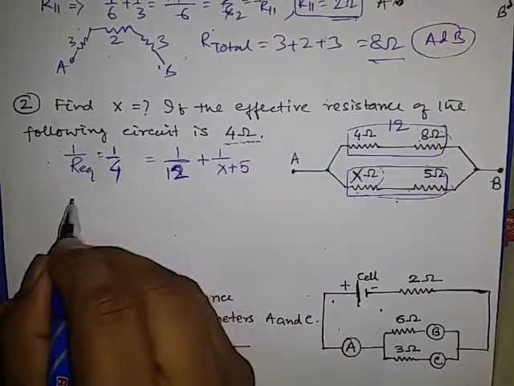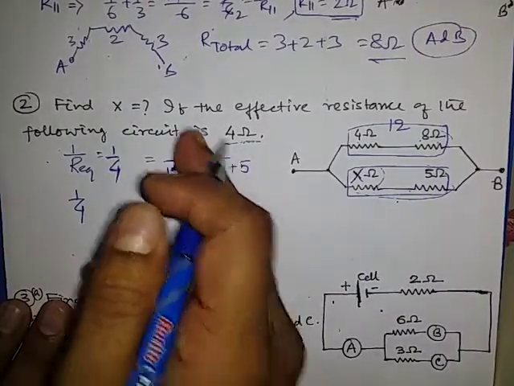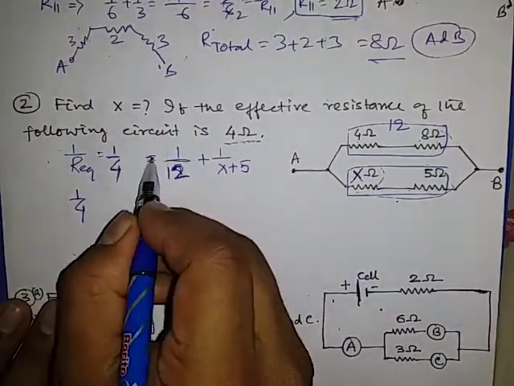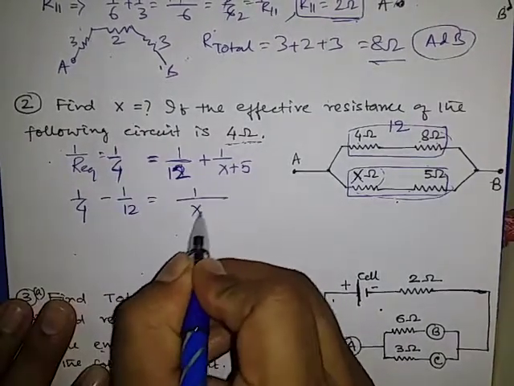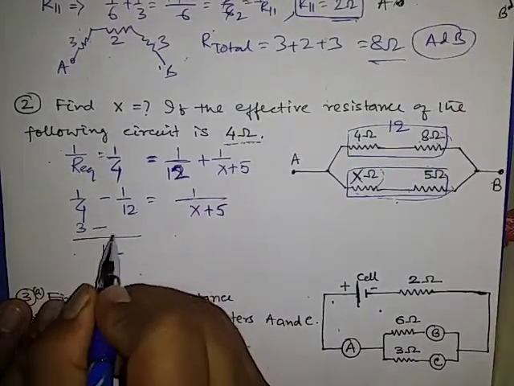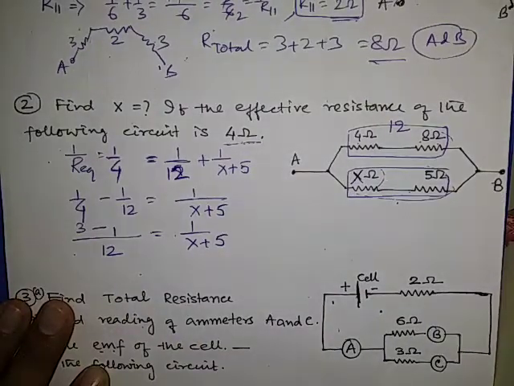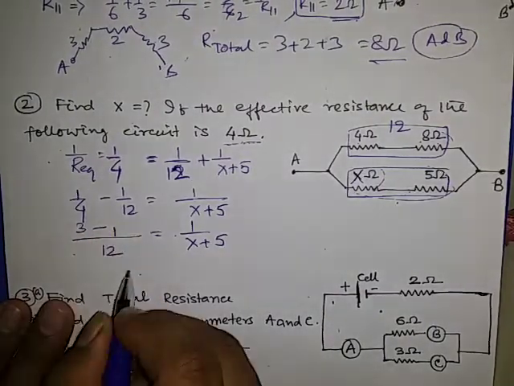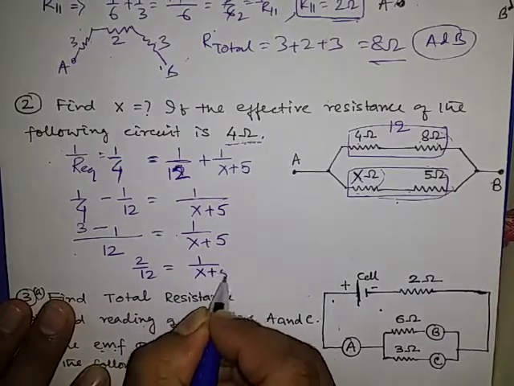So you can write 1 by 4 is the original answer. You just shift 1 by 12 to the side of 1 by 4, and then take the LCM. Three minus 1 means 2 by 12 equals 1 by X plus 5.